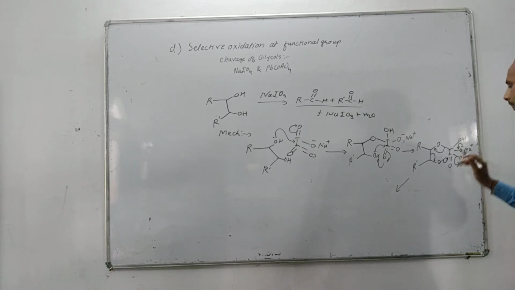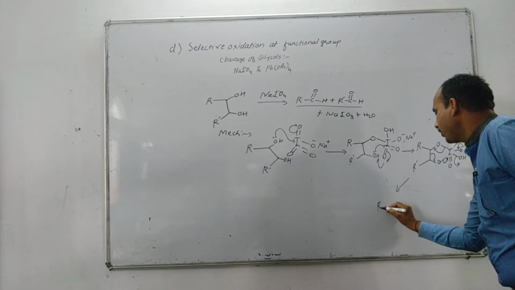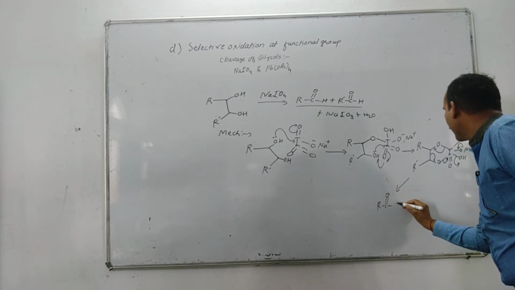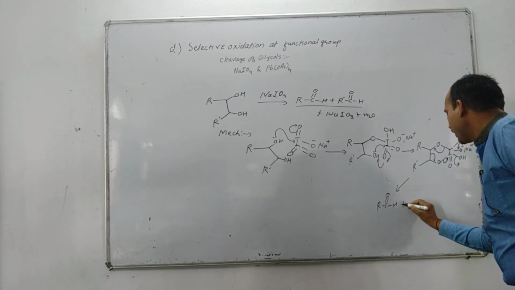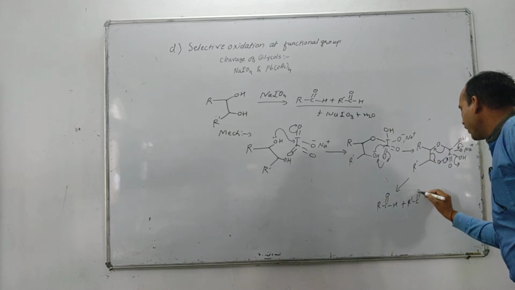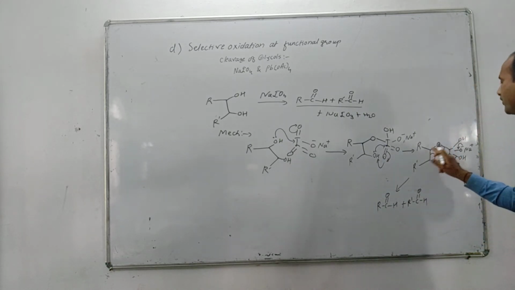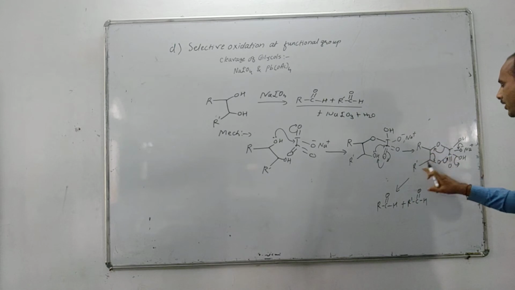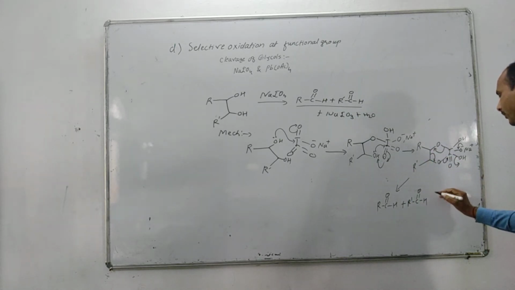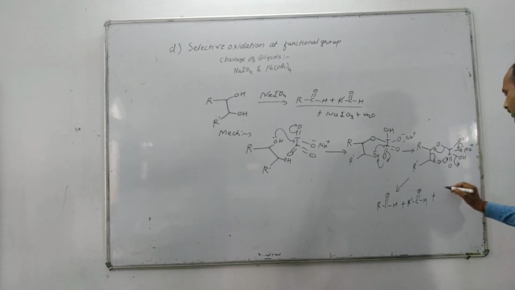There is loss of OH minus. So there is formation of RC double bond O H plus R dash C double bond OH. So this bond forms R C double bond O. Here is H. Here is also R C double bond O. Here is also H. Aldehyde plus O minus.